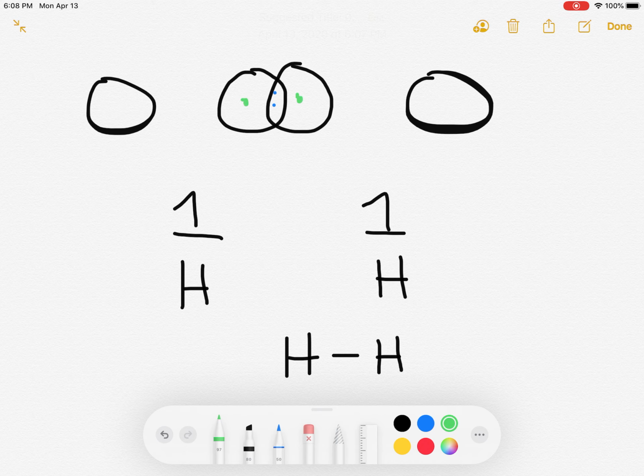I'll put the nucleus here and here. One electron is attracted to the opposite nucleus, the other electron is attracted to the opposite nucleus, and that's what holds that bond there. That's what holds those atoms together in that single bond. So remember, only half-filled orbitals can make a bond.